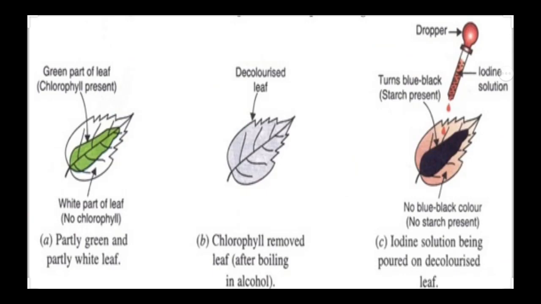That's why when we added iodine to this leaf, only the part that has chlorophyll turned blue, while the part that was not green didn't make a blue color because it was not able to undergo photosynthesis, because it doesn't contain chlorophyll to capture the sunlight and do this process.